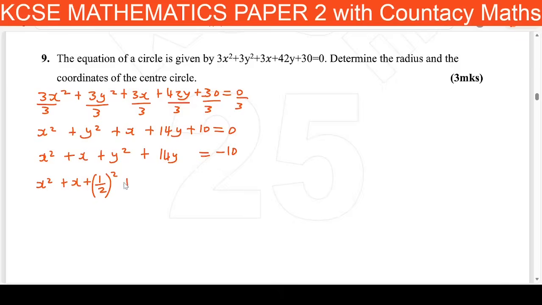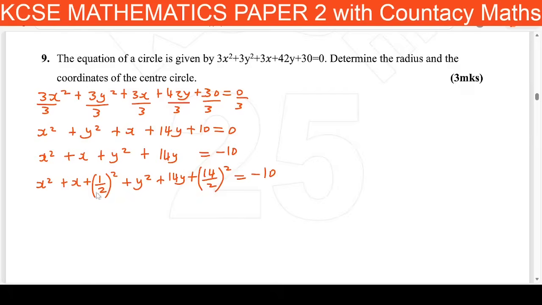And then we go ahead with what we have, that is y squared plus 14y. So what we are adding is the coefficient of y now divided by 2. That would be 14. We divide by 2, and then we square that. And remember, whatever you do to one side, you also do to the other side.